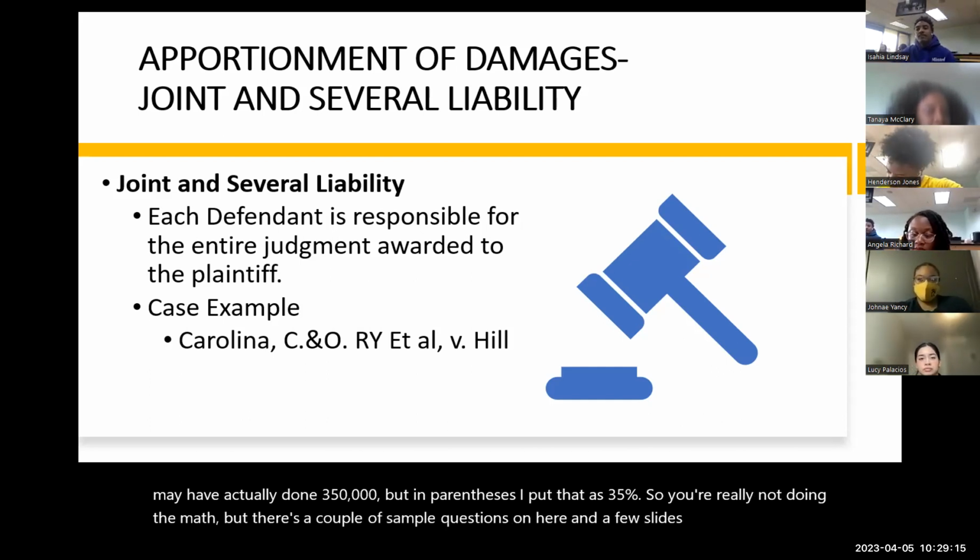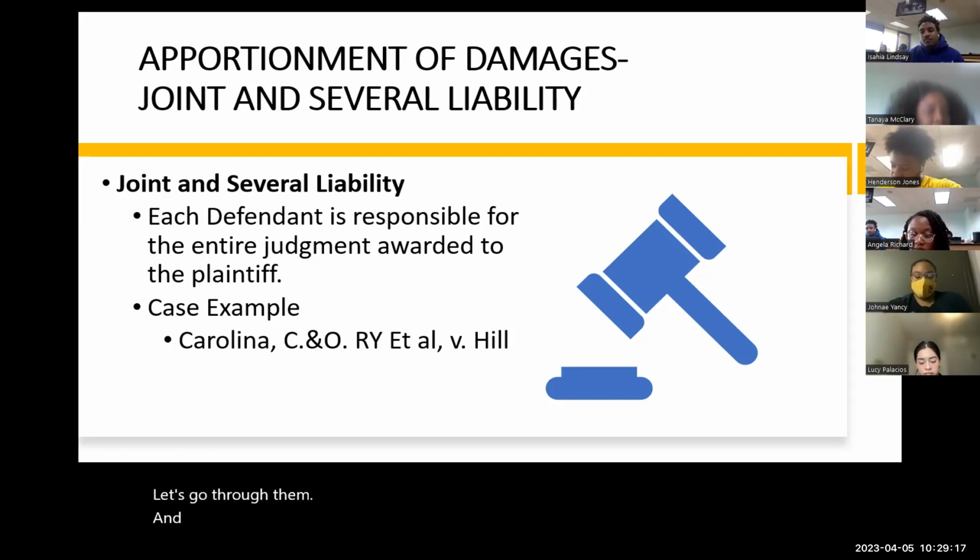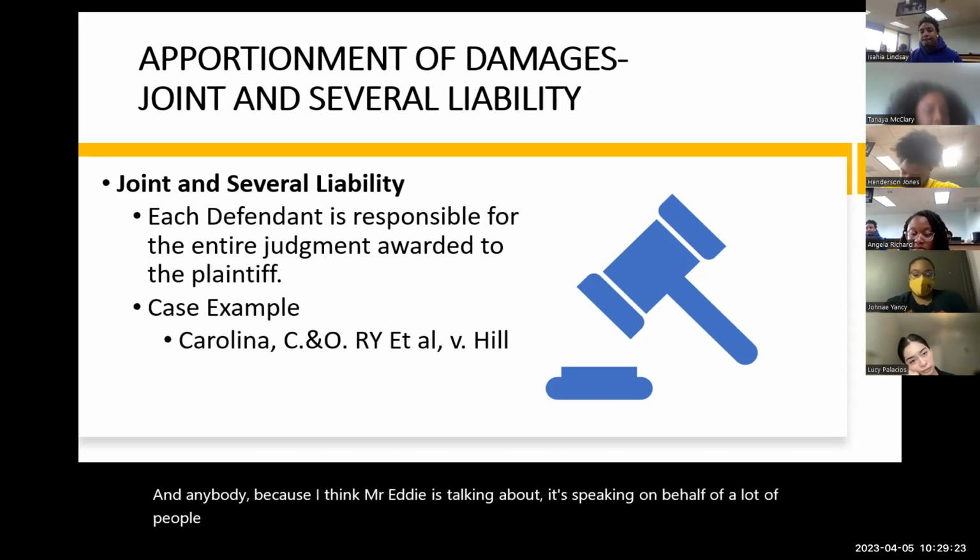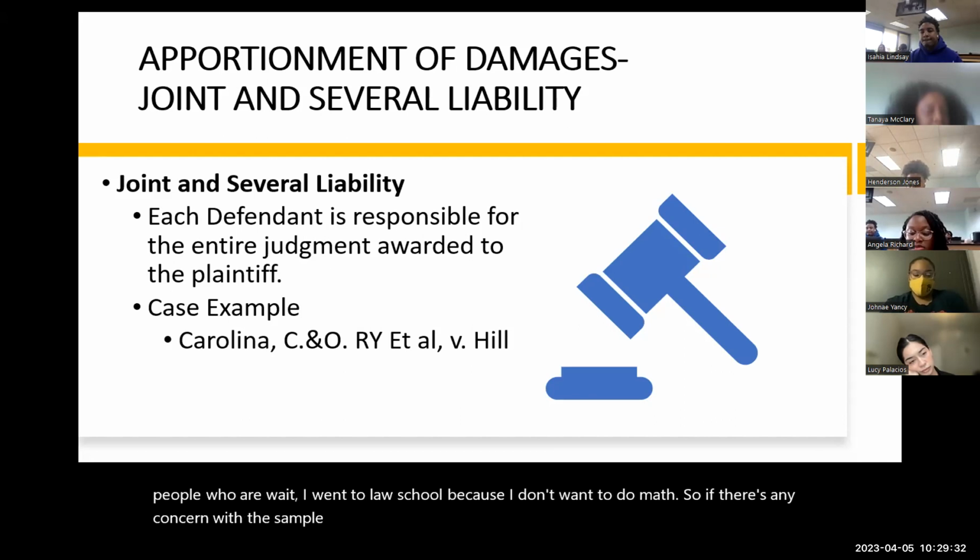Let's go through them, and anybody, because I think Mr. Edie is speaking on behalf of a lot of people who are like, wait, I went to law school because I don't want to do math. So if there's any concern with the sample problems that we go through, y'all just let me know. And you don't have to put that on blast. You don't have to put that in the chat.